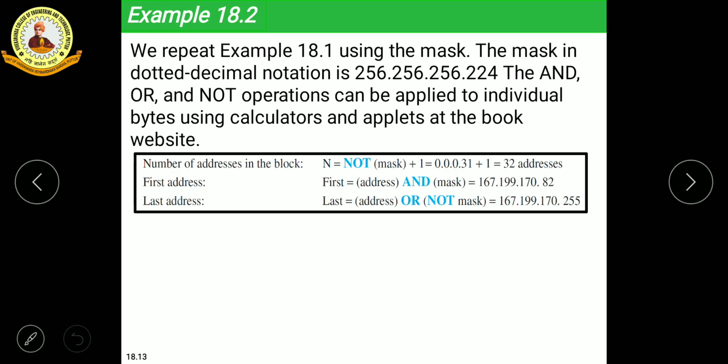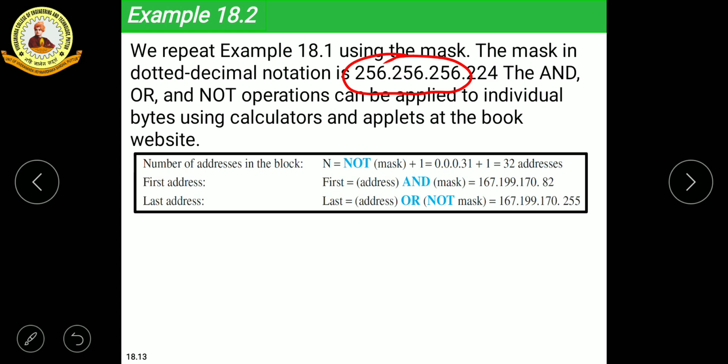So the number of addresses in the block is NOT mask plus 1. The first address will be AND and the last address will be OR. We will see this operation. Here they have given the mask as 255.255.255, which is all 1s. If you make all the leftmost bits 1, then you will get 255.255.255.